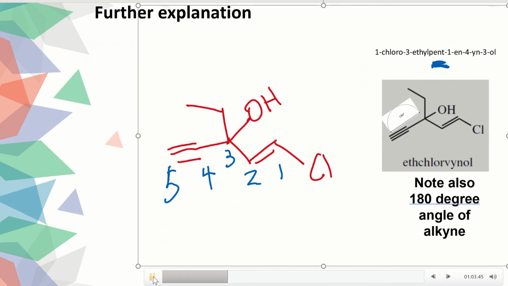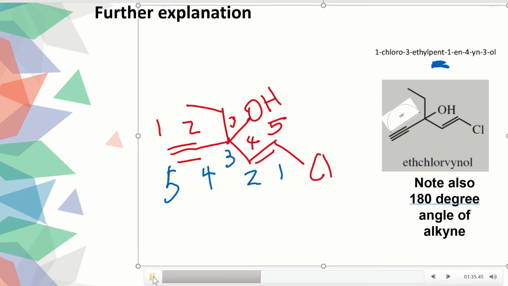The next thing that we want to look at is the numbering. Yes, we could have numbered the other way. If we number the other way, it would have been 1, 2, 3, 4, and 5, which would mean that the chlorine would be at position 5 versus 1. So we have 2 options for numbering along the longest chain. It could be numbered the blue way or the red way.